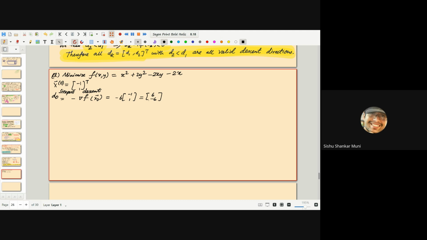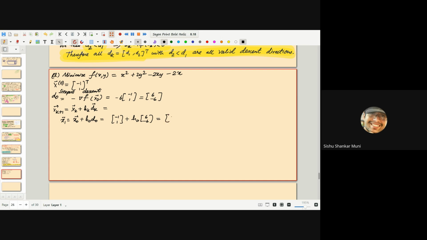Okay. So how will we go to the next step? xk plus 1 is nothing but xk plus hk dk, isn't it? So in this case x1 will be nothing but x naught plus h naught d naught. What is x naught? (-1, 1). h naught we don't know. d naught is (6, -6).